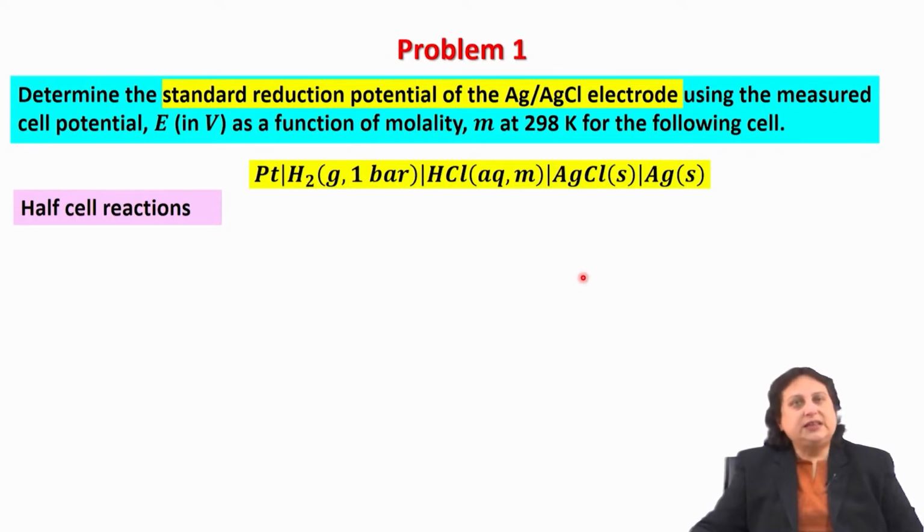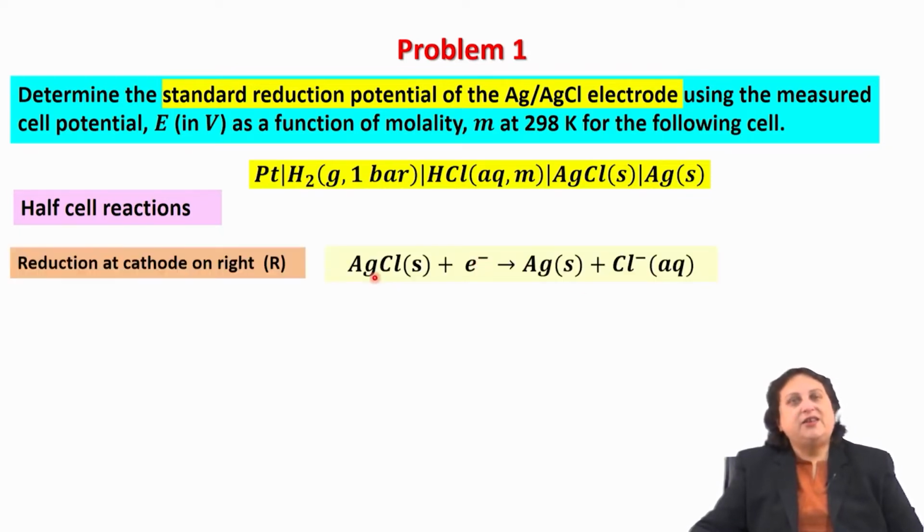Obviously, the standard procedure is to start by writing down the half cell reactions. Here I find that the reduction reaction for the cathode on the right is: silver chloride solid takes up an electron, gives rise to silver solid, and releases chloride ion in the aqueous medium.